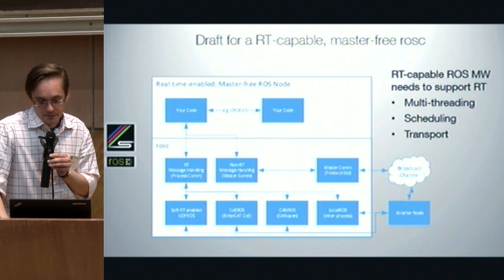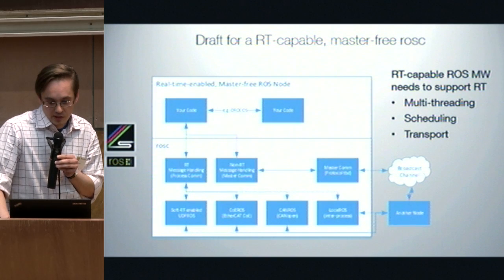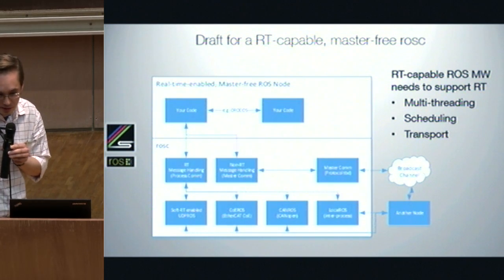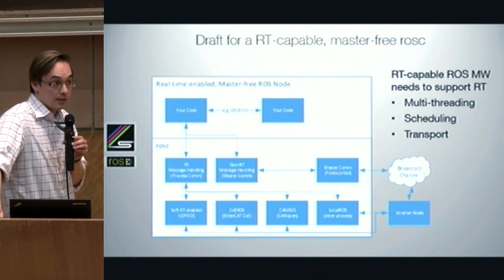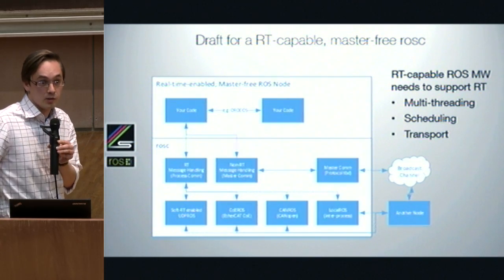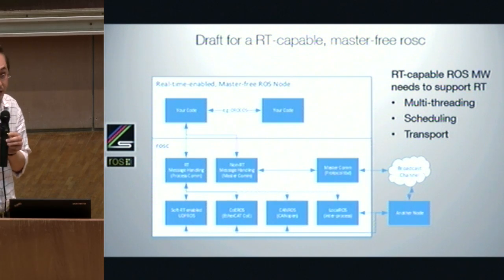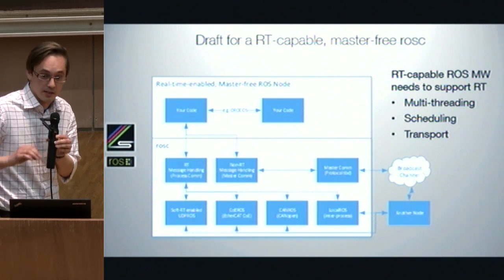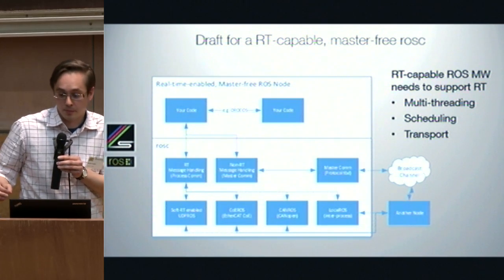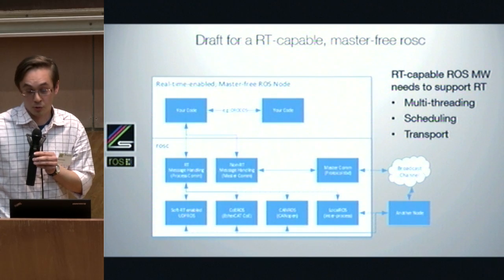And this is our current state of how we see we could realize real-time capable ROS, at least within RosC. So you could also look at RosC as being an experiment lab for some of the aspects that could come into ROS 2.0.